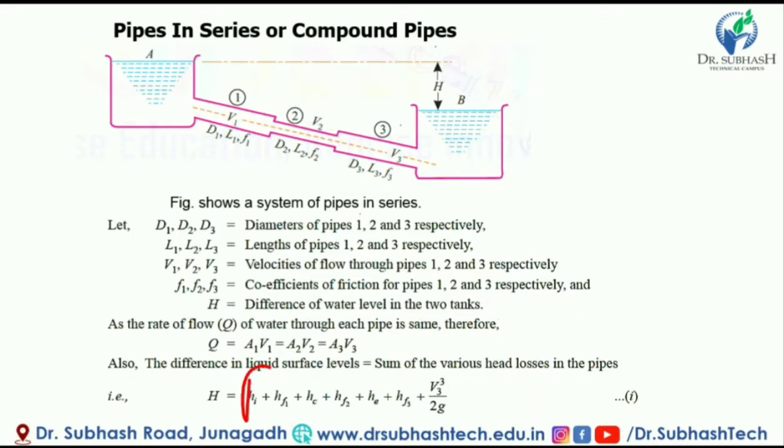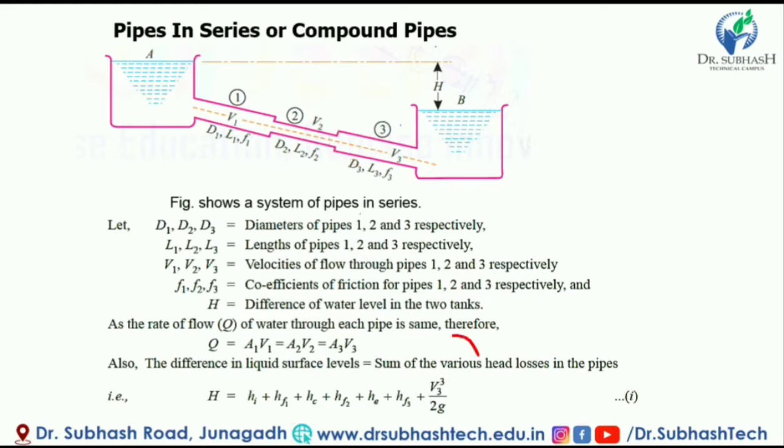So first is the inlet loss, then the friction loss in pipe 1, HF1. HC is the sudden contraction loss. HF2 is the friction loss in pipe 2. HE is the sudden enlargement loss. HF3 is the head loss due to friction in pipe 3.